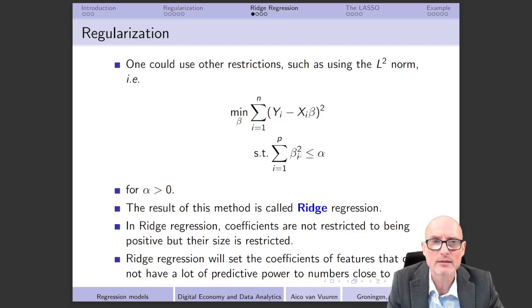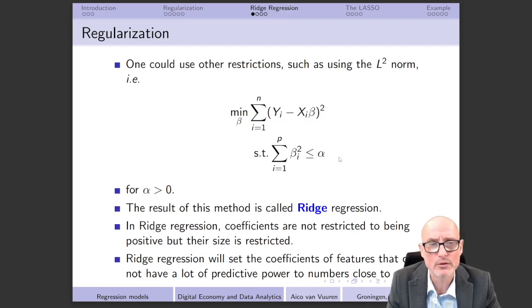The reason is that if you actually do that, it will not help you that much in reducing this criterion function, but it will result in this restriction no longer holding, or at least you have to set other betas very close to zero if you set the betas of those features quite different from zero.